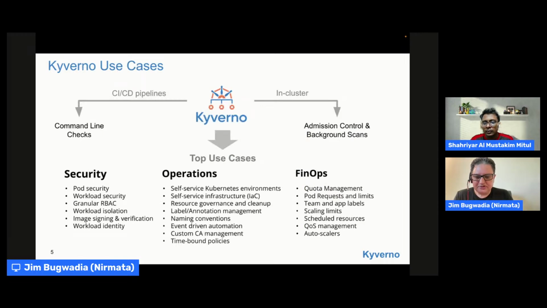So lots of different use cases, as you can imagine, that Kyverno gets used for, and very quickly, as you take this mindset and look at what you can secure and automate through Kyverno, more and more use cases keep emerging, right? So starting with basics, of course, like pod security. A lot of you might know that now with Kubernetes 1.25, pod security policies are no longer officially supported.